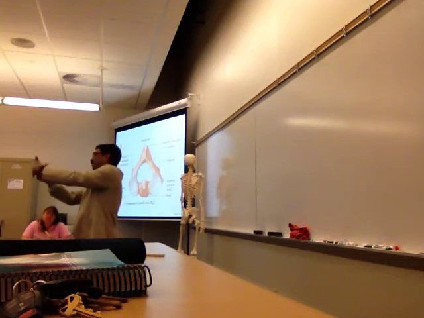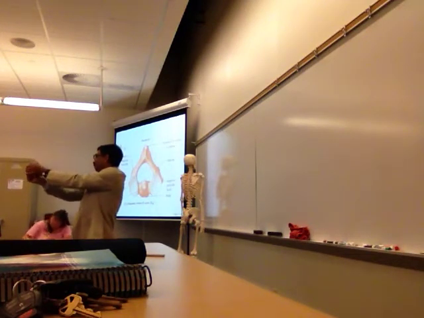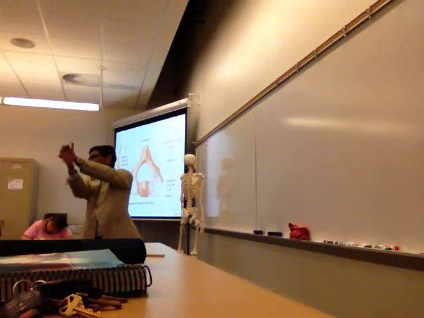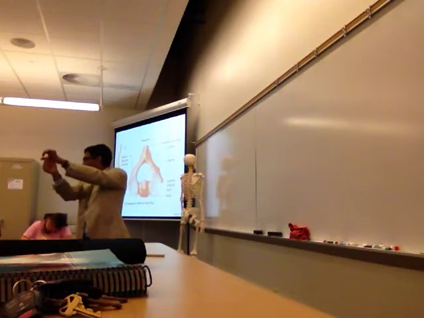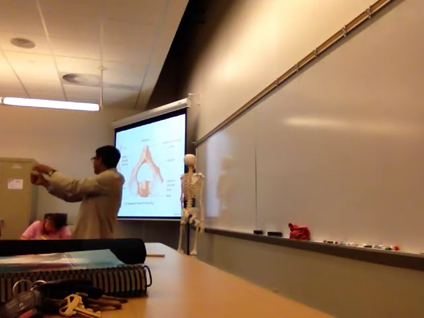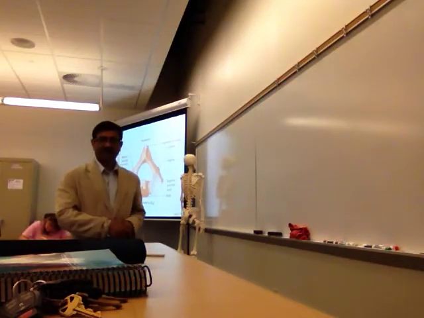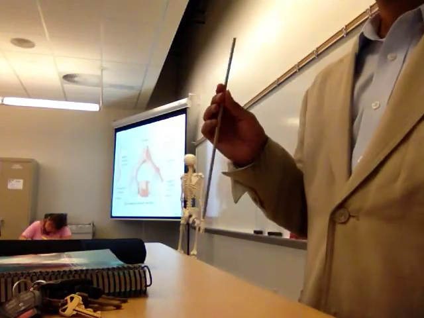If you hit C2, what can happen? It will move back, right? And your spinal cord is here. If C2 moves back, then the dens will move back and crush the spinal cord. That's a very weak point and could be dangerous.